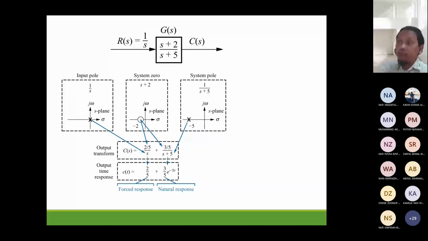Okay, so from the transfer function, from the example, if we look back at the time response and also the fraction here that you have separated, then we can see that we can use the poles and zeros to obtain the response of the system. So for example here, the first part here, over S. So the pole is S equals 0.